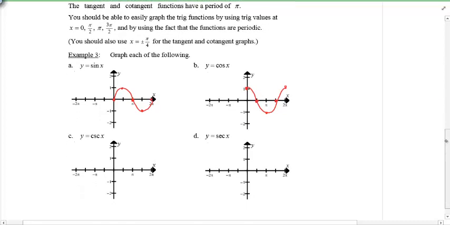Now, how about these two, C and D? Cosecant's interesting, because cosecant really is 1 over sine. So here you're going to use your reciprocal ideas. So how do I graph out the reciprocal graph? Hopefully you understand that the reciprocal of the y value of 0 is undefined. So notice we have an asymptote at 0, at pi, and also at 2 pi.